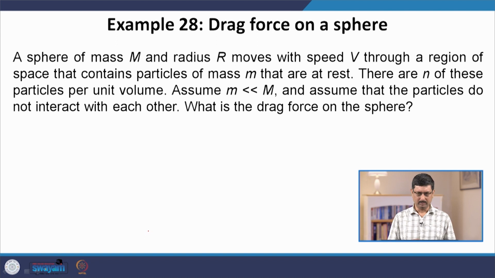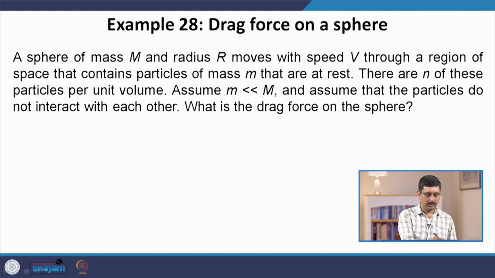Remember, in an earlier week we derived an expression for the drag force by dimensional analysis. Now, our first goal today is to derive an expression for this drag force on a sphere moving inside a viscous liquid from the collision picture, which is the more physical picture. So, the picture is the following.